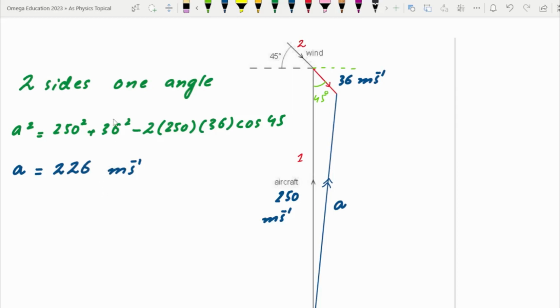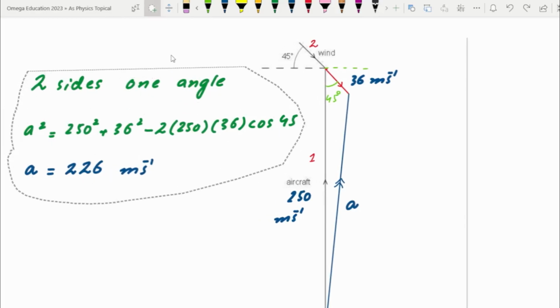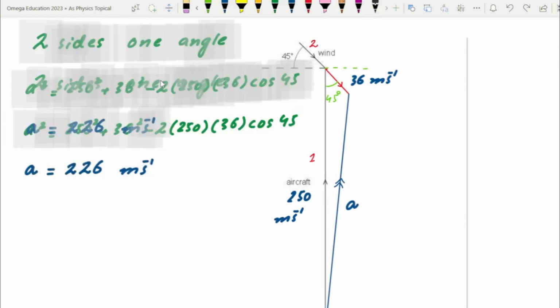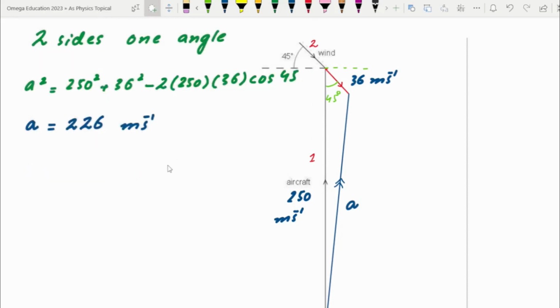So for the scale drawing method, first you need to establish the scale. Okay, so I'm going to draw the scale here. You give the heading scale.